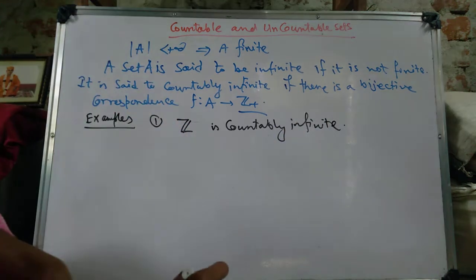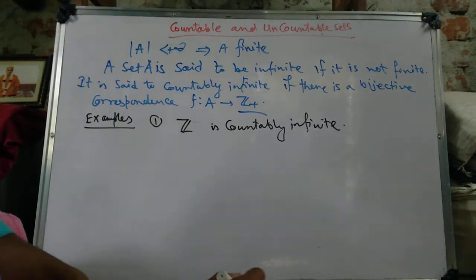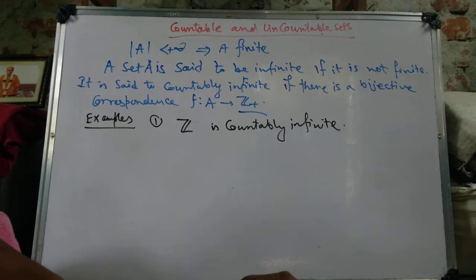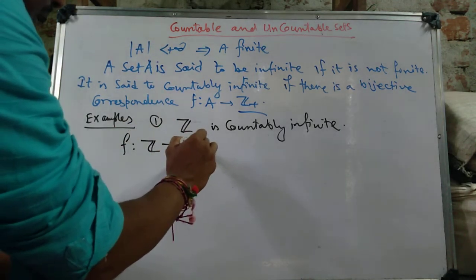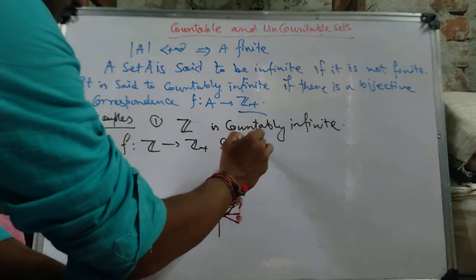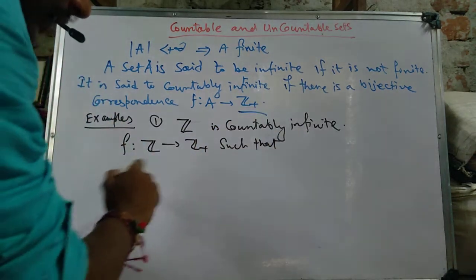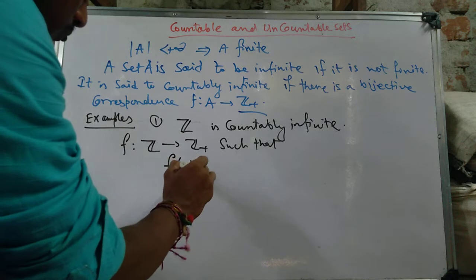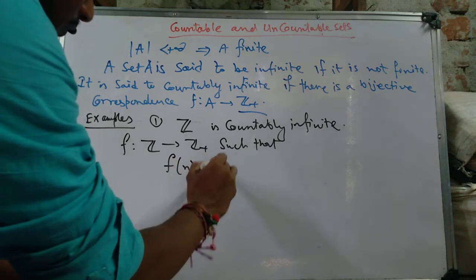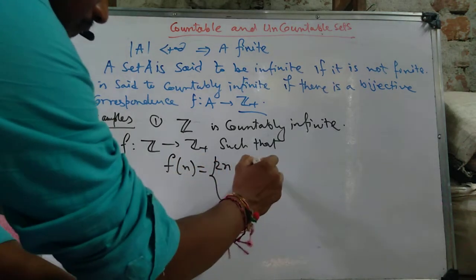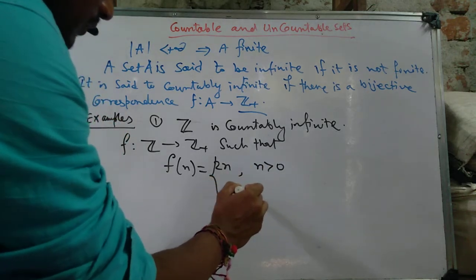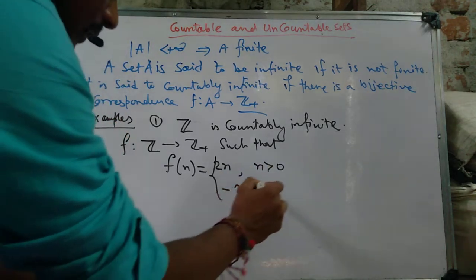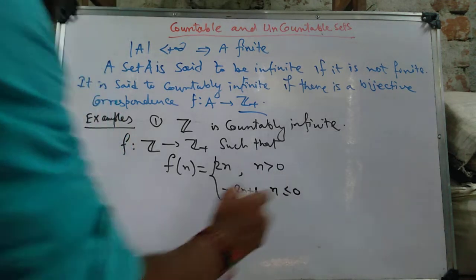Then there exists a bijective correspondence between this set and Z plus. How do we define it? We define f from Z to Z plus such that f of n equals 2n when n is greater than 0, and minus 2n plus 1 when n is less than or equal to 0.